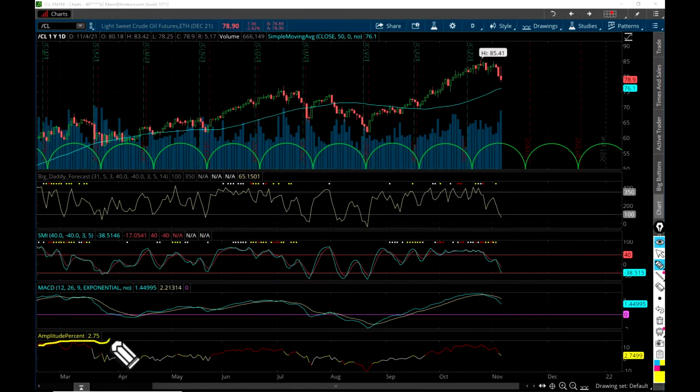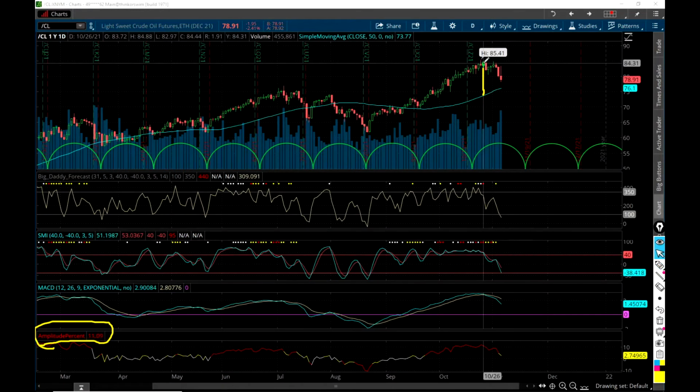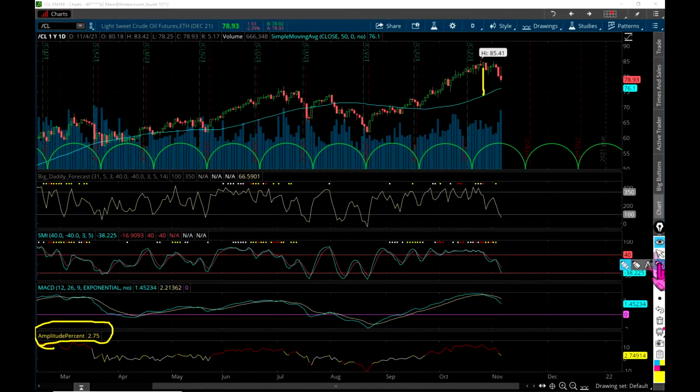This is the amplitude percentage. This basically just measures the distance between the candlestick and the 50-day moving average line. Okay, so back here on, let's see, October 26th. Okay, we got a lawnmower outside. Oh well, October 26th.